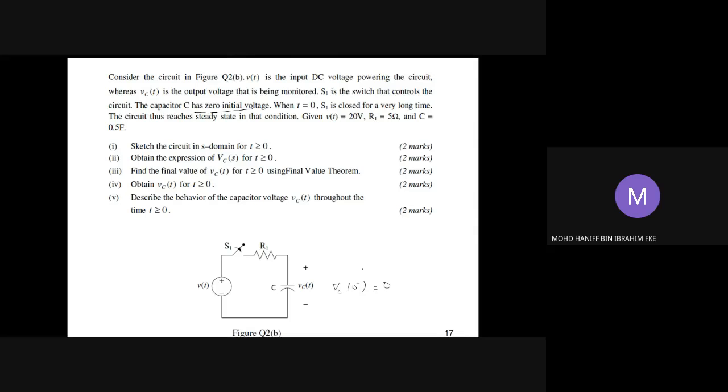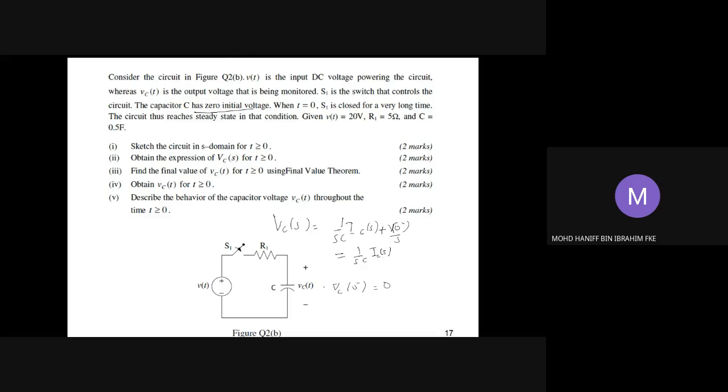From the equations that shall be applied in transforming the capacitor, we have learned that VC(s) equals 1 over SC of IC(s), where IC(s) is the capacitor's current, plus V0 negative over S. Since the initial voltage for the capacitor is 0, the equation simplifies to VC(s) equals 1 over SC of IC(s).